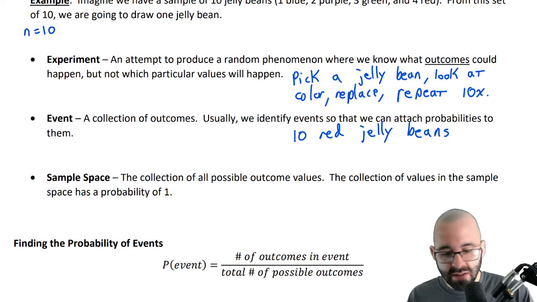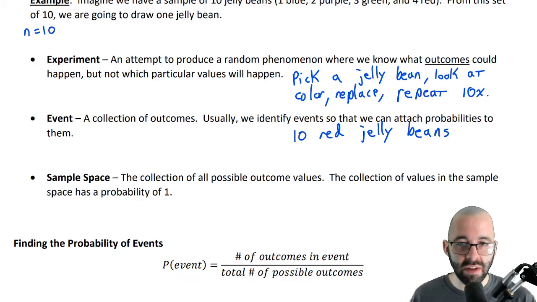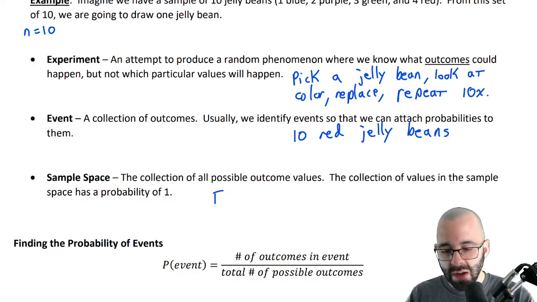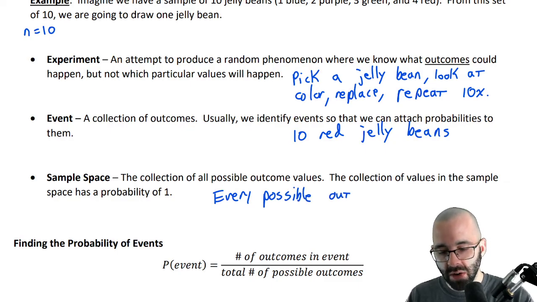The sample space is the collection of all the possible outcome values. The collection of values in the sample space has a probability of 1. So it's just all of the events, all of the outcomes. The sample space is every possible outcome, right?